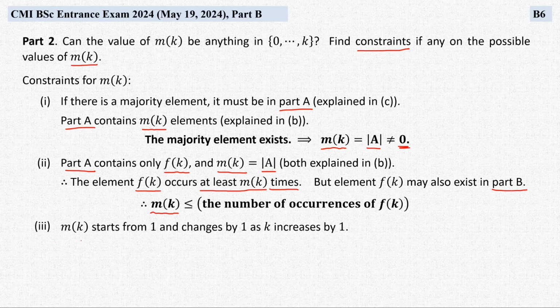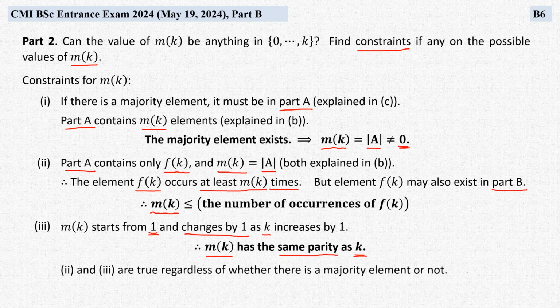Lastly, the function m of k starts from 1 when k equals 1 and changes by 1, that is, either increases or decreases by 1, as the length of the list k increases by 1. This means that m of k has the same parity as k. Note that constraints 2 and 3 are true regardless of whether there is a majority element or not.